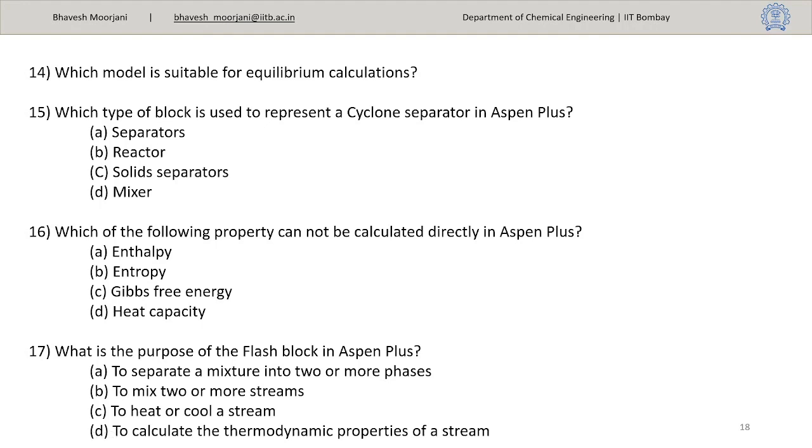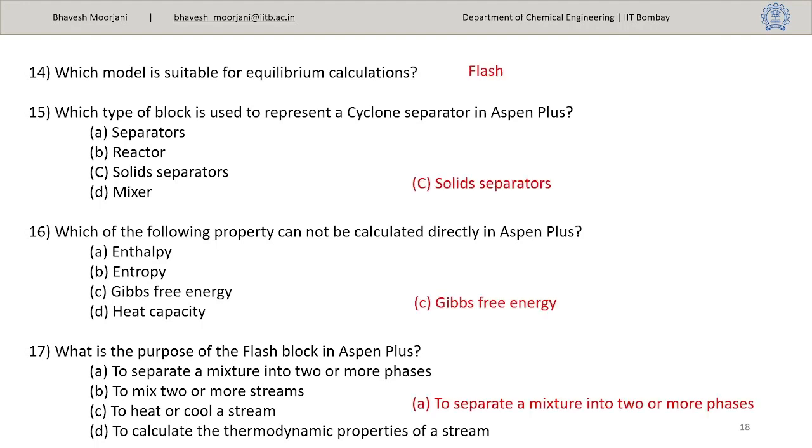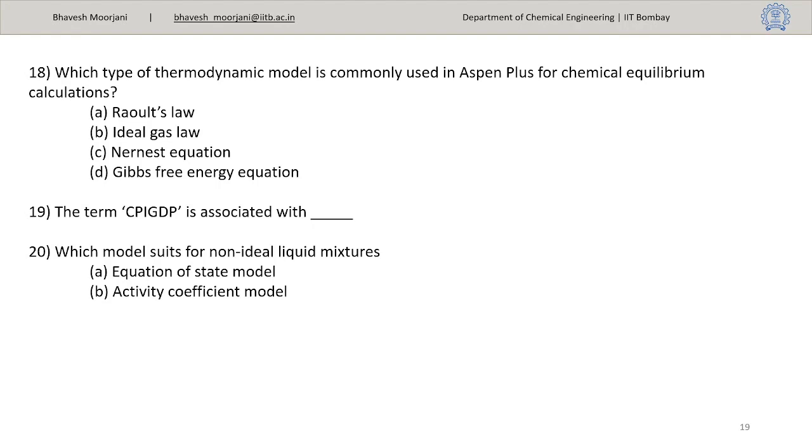What is the purpose of the flash block in Aspen Plus? It should be easy, right? Separate a mixture into two or more phases. Yes, that's the correct answer. Now, which type of thermodynamic model is used to calculate phase equilibria? Raoult's law, yeah.